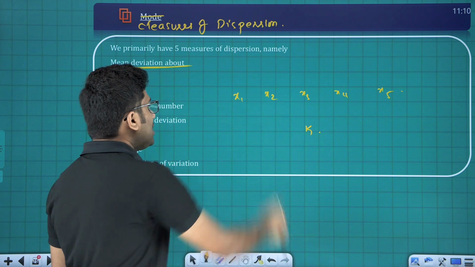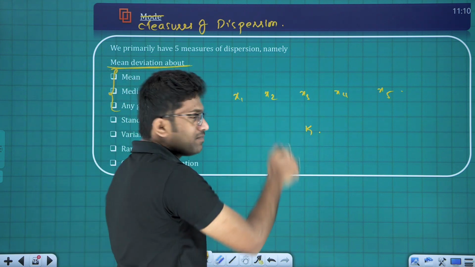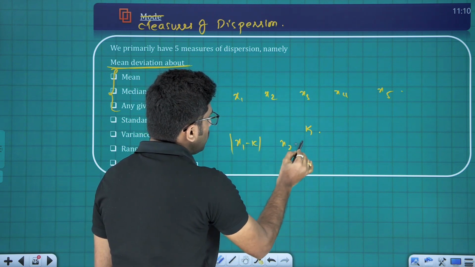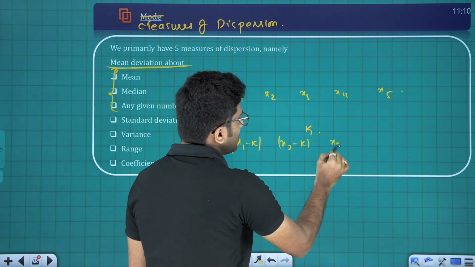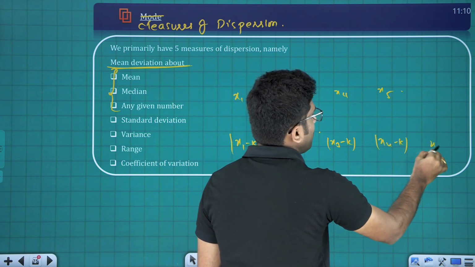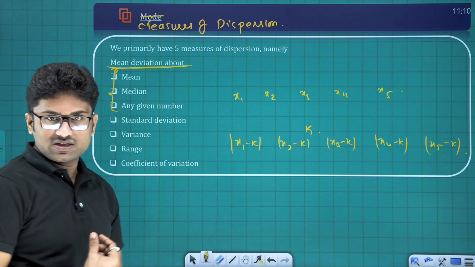Deviations mean the absolute difference of each observation from this k, that is |x1 minus k|, |x2 minus k|, |x3 minus k|, |x4 minus k|, |x5 minus k|. These five are called deviations, friends.